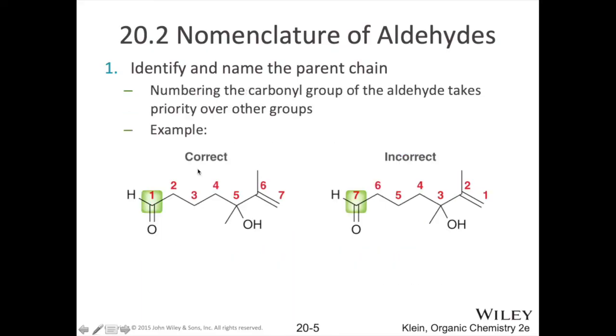So keep that in mind when numbering your carbons, because if this molecule has a carbonyl taking priority over any other lower level groups, that carbonyl has to be at the number 1 position, and you number your substituents accordingly.